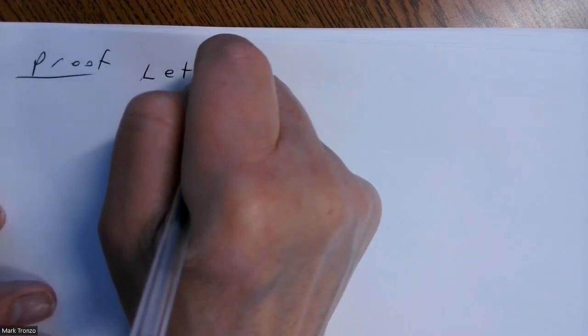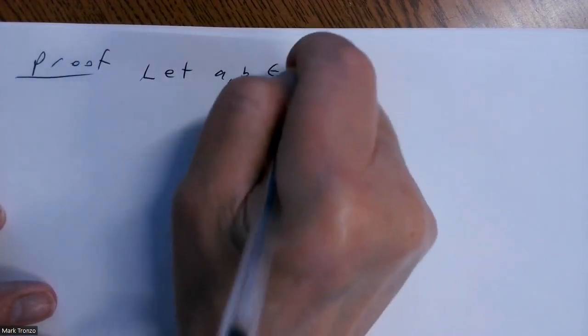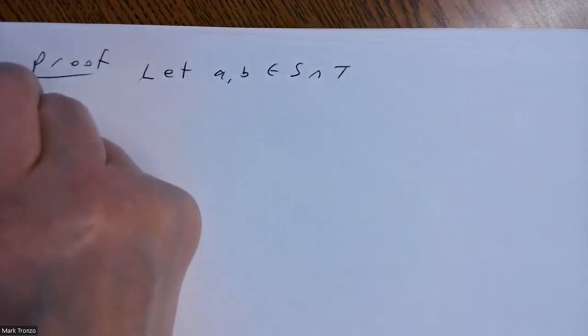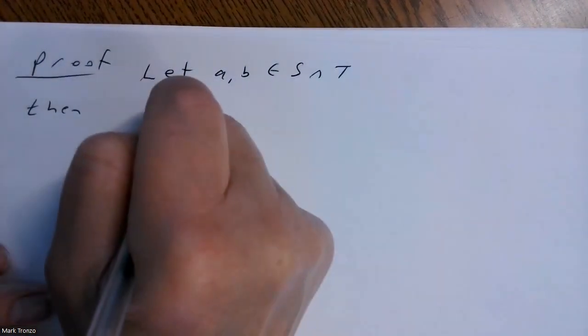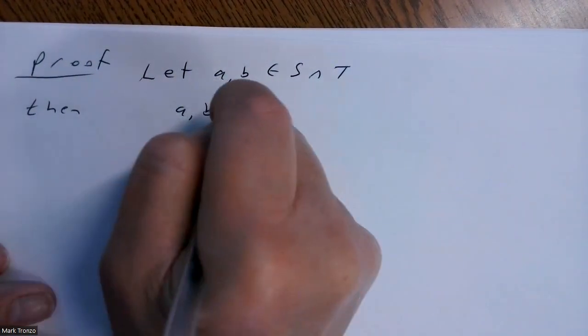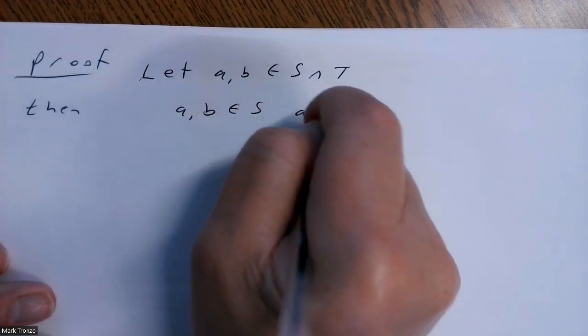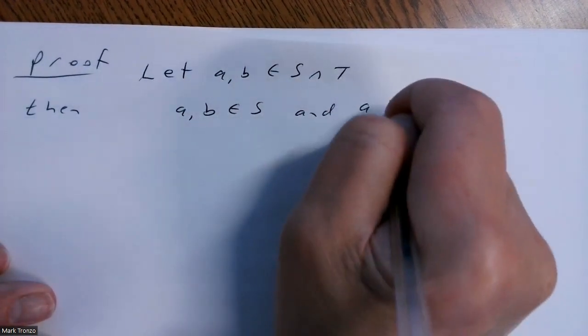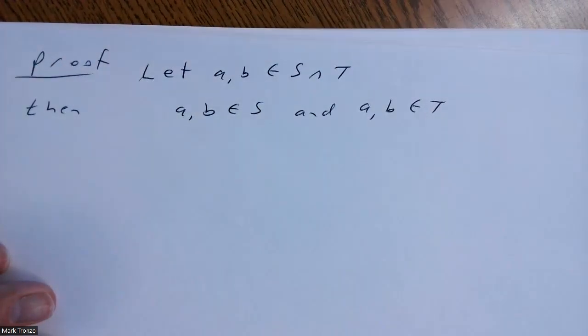So you want to prove it. So let's say A and B are in the intersection. Then what does that mean? That means A and B are in S and A and B are in T, just from this.